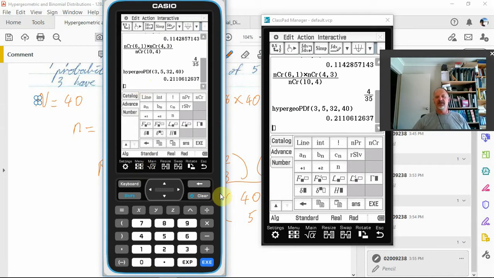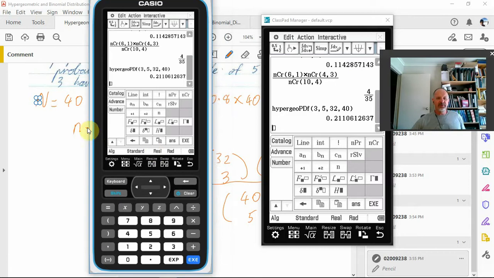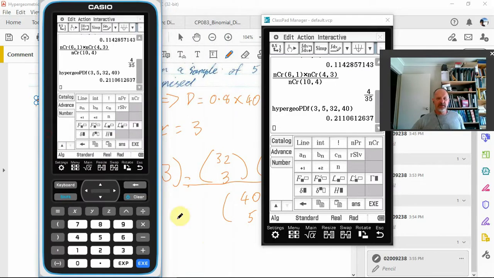And so in this case, even though I've got it set standard, it's not programmed to give you an exact value. It's programmed to give it to you as a decimal. So what is it, 0.211.